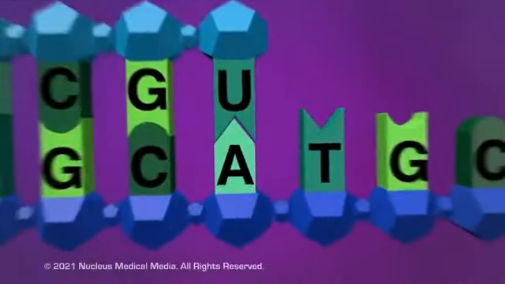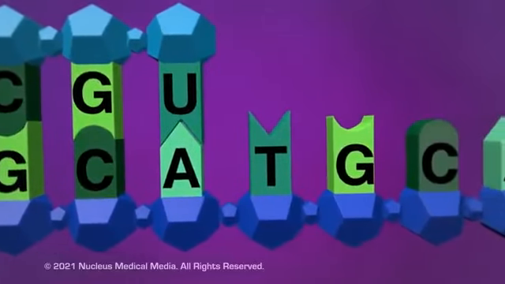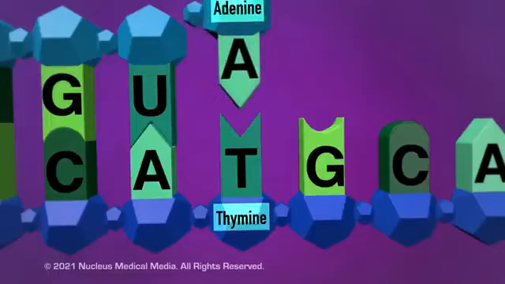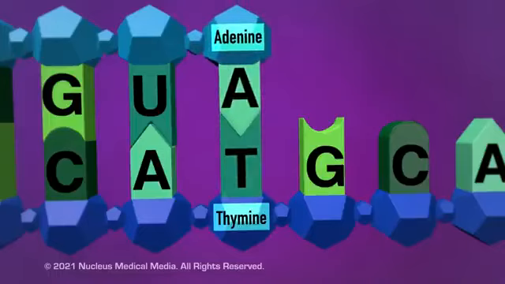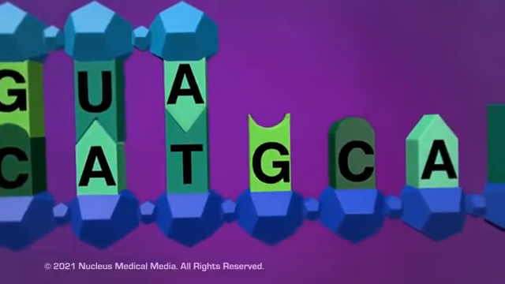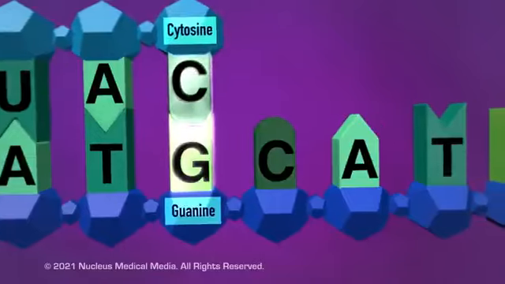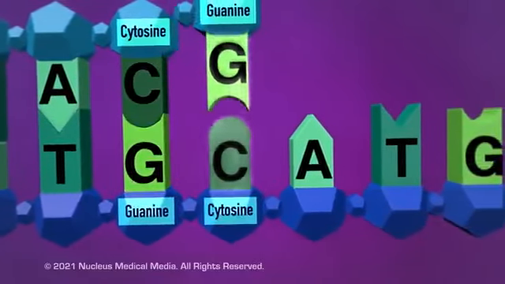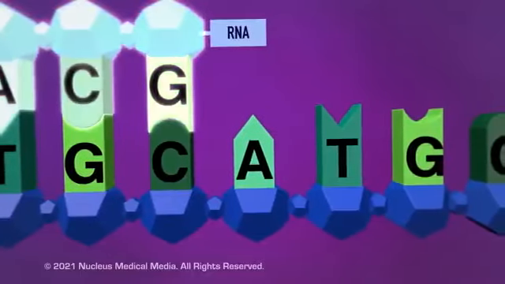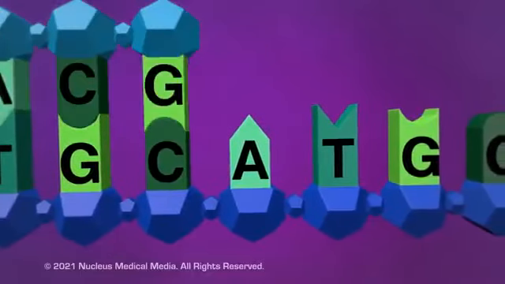For example, RNA polymerase reads the DNA base thymine on the template strand, then binds it to a free nucleotide containing adenine. This process continues with cytosine binding to guanine and guanine binding with cytosine. Remember, though, RNA will never contain thymine.